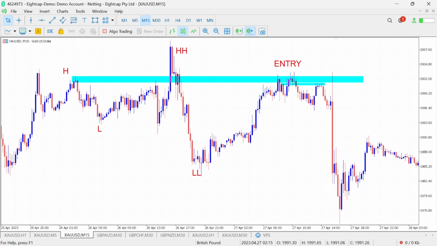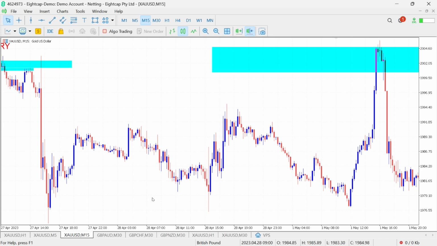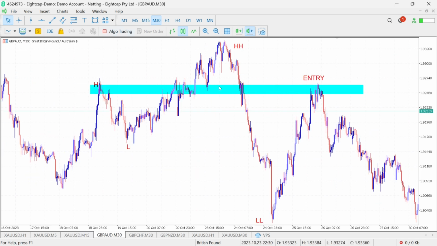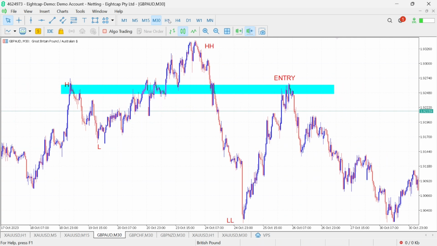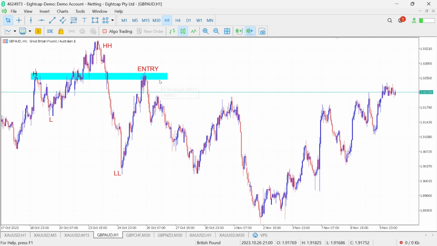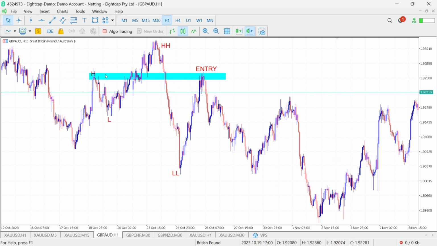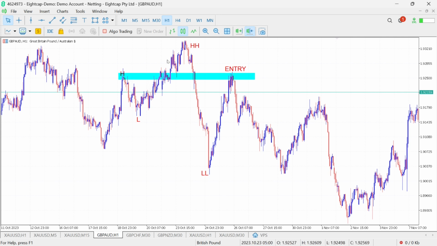Let me just round it off by showing you this GBP AUD example, which will be the last example for this episode. Okay, so this is a very beautiful setup. High, low, higher high, lower low, and your entry.